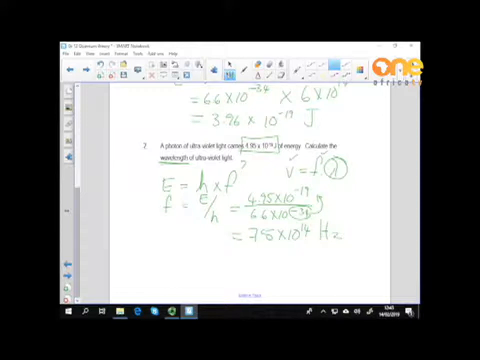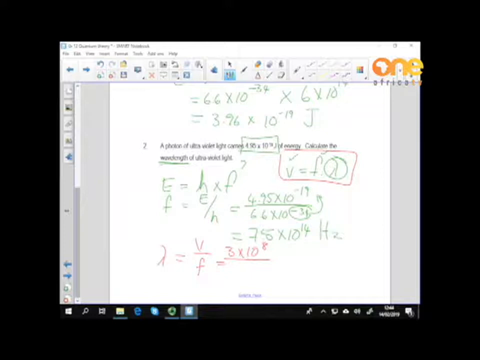And then, if we go to this equation, we know the speed is 3 times 10 to the power 8. We're looking for lambda. So wavelength is going to equal v divided by frequency. The speed is 3 times 10 to the power 8 meters per second. That's just the speed of any electromagnetic wave in a vacuum.